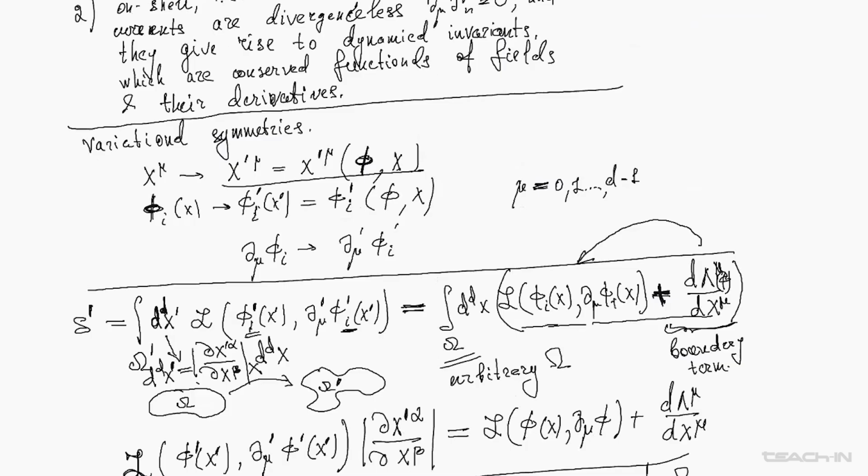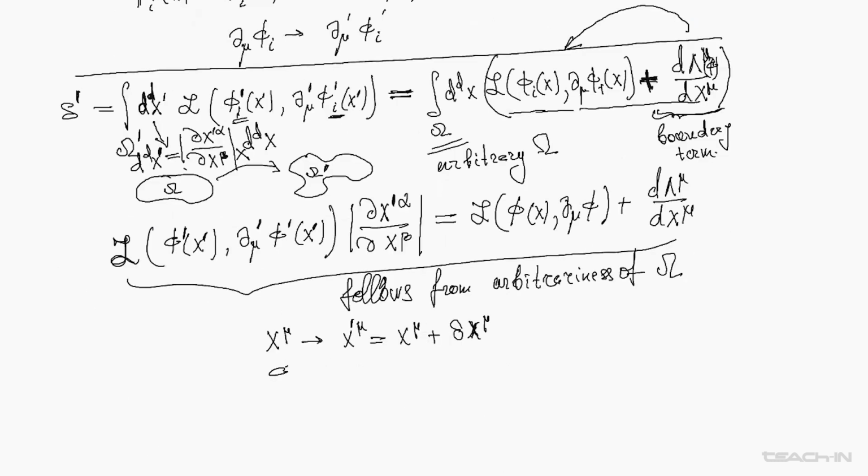Also for fields, the infinitesimal version: phi I on x, where again the index I can have any nature, it can be a collection of tensor indices or an index enumerating different fields.